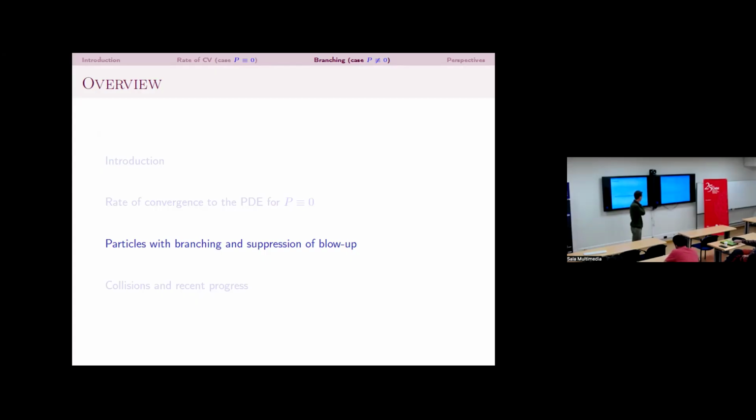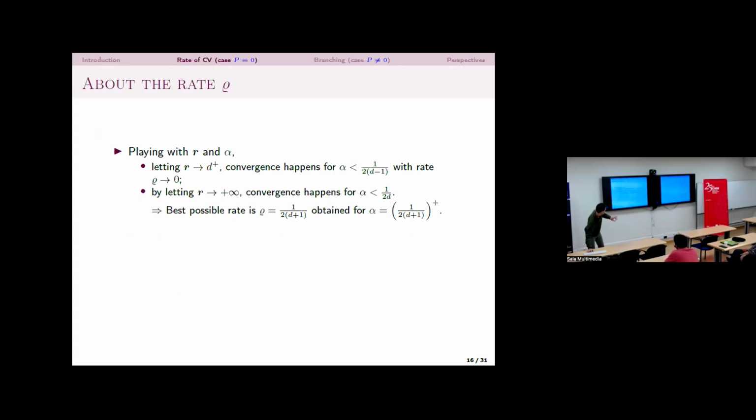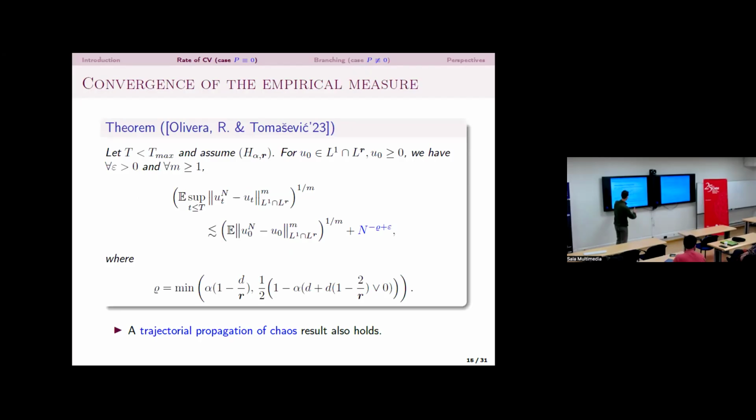I'm not sure I'm interpreting the question correctly, but for the same particle system, the one which is modified, I don't have to modify the empirical measure. I can consider directly the empirical measure, and I can prove that it converges.